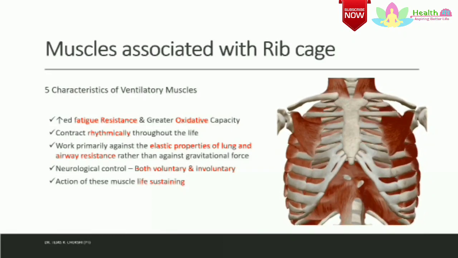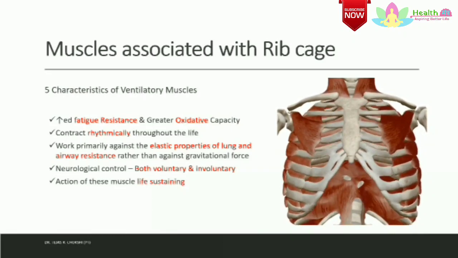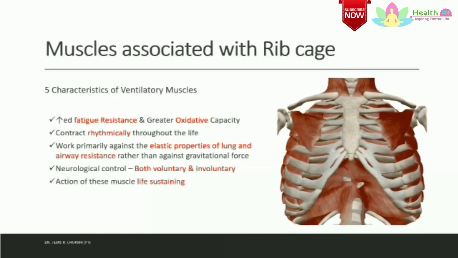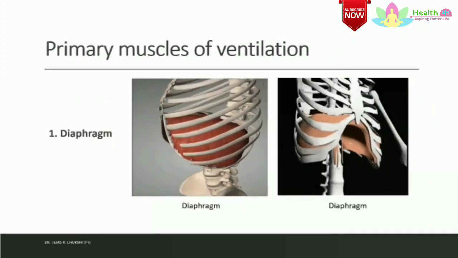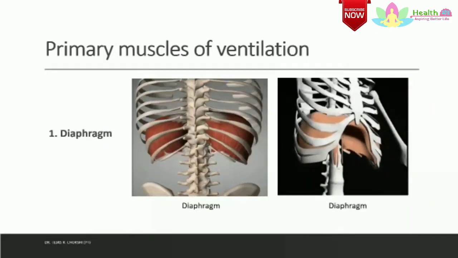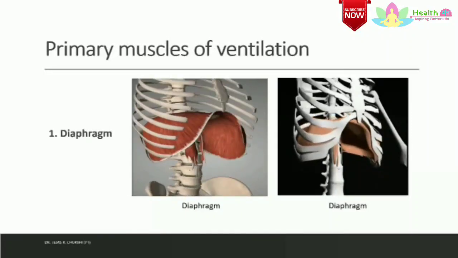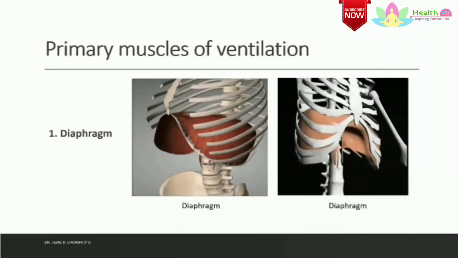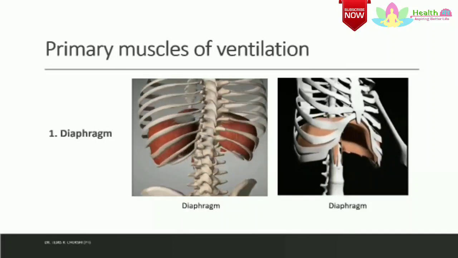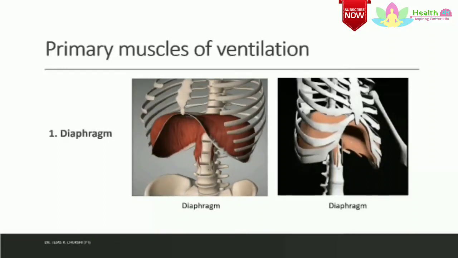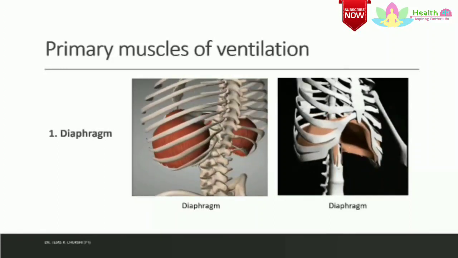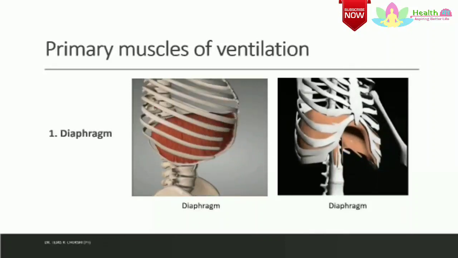Now the fourth important aspect is neurological control. We can control them both voluntarily and involuntarily. And fifth, the action of these muscles is life sustaining. Ventilatory muscles are most accurately classified as either primary or accessory muscles of ventilation. The primary muscles of ventilation include the diaphragm, the intercostal muscles, specifically the parasternal muscles, and the scalene muscles.